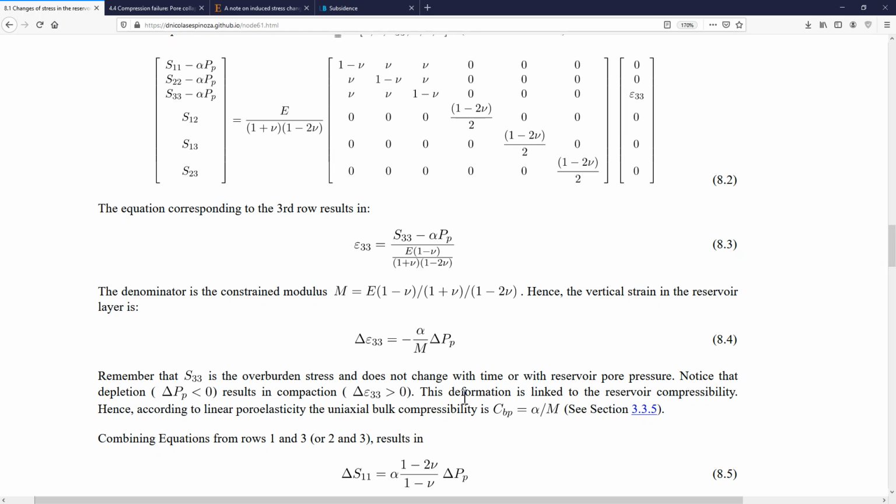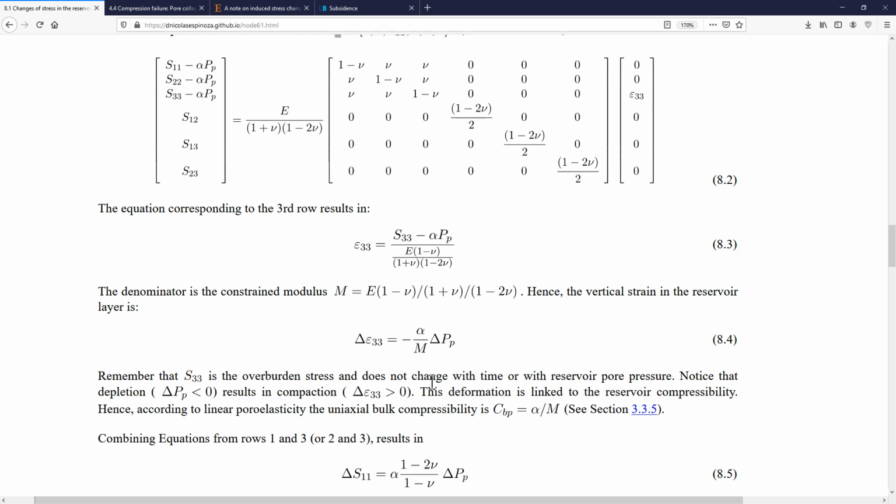All right, but for now, let's just limit ourselves to this simple equation with the elastic deformation. And this is one of the equations that we wanted, because we wanted to predict the strain caused by deformation of the reservoir due to the change of pore pressure. And here we see the equation, which is equation 8.4.